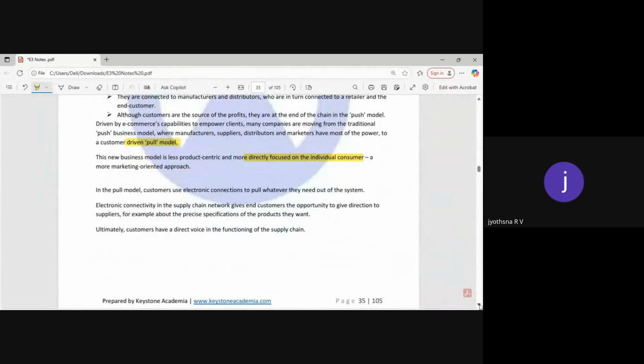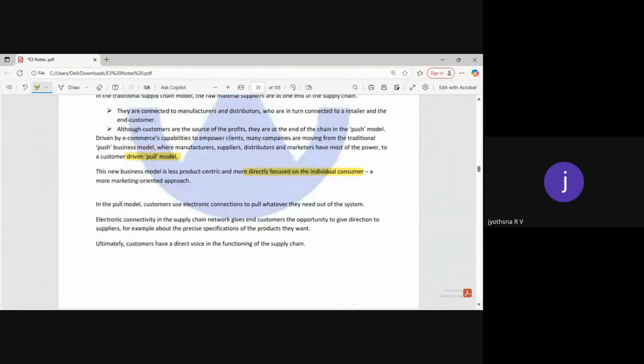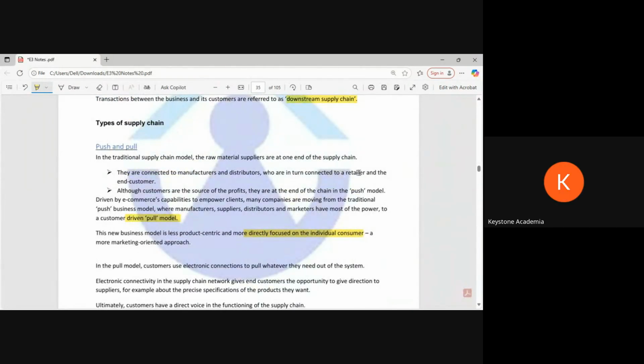To summarize, may I know what is push and what is pull here in supply chain? Technically, push model is mostly for our business. Push model is when we are making products in bulk, like in clothing industry, it's mostly working on push model. Manufacturing more than demand, keeping it and then pushing it to the market.